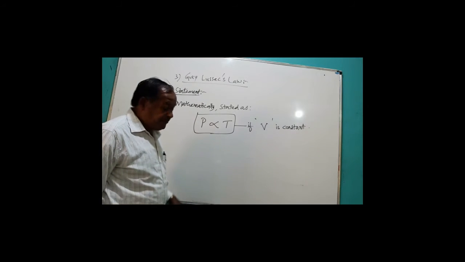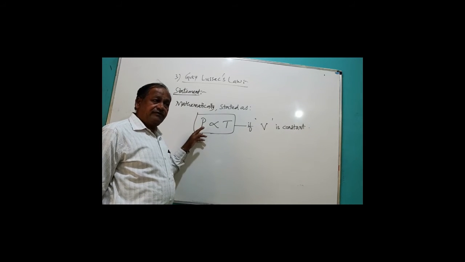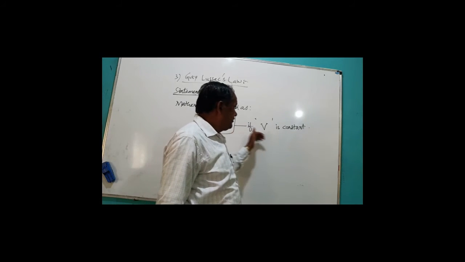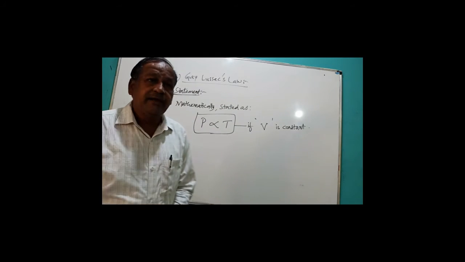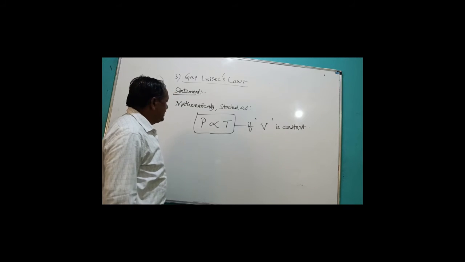Let it be here that P, the pressure of a fixed mass, a fixed amount of gas, is directly proportional to T if volume is kept constant. This is the mathematical statement of Gay-Lussac's law.